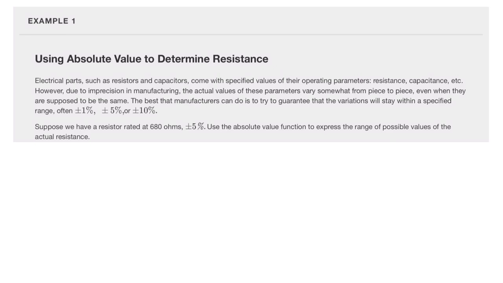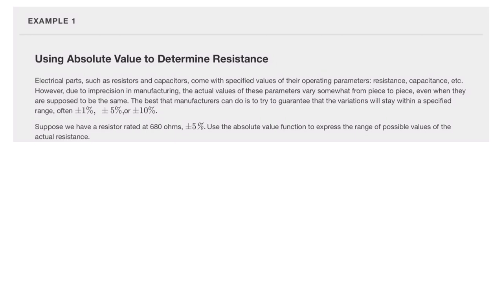So here's an example on using absolute value to determine resistance. Electrical parts such as resistors and capacitors come with specified values of their operating parameters: resistance, capacitance, etc. However, due to imprecision in manufacturing, the actual values of these parameters vary somewhat from piece to piece, even when they are supposed to be the same.